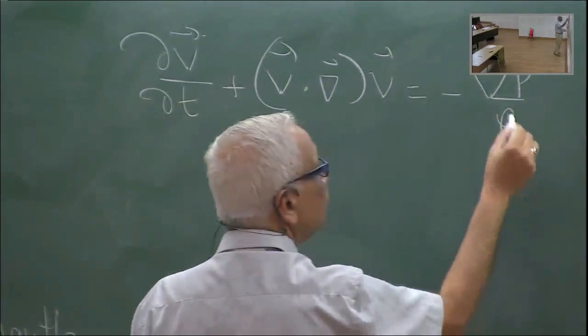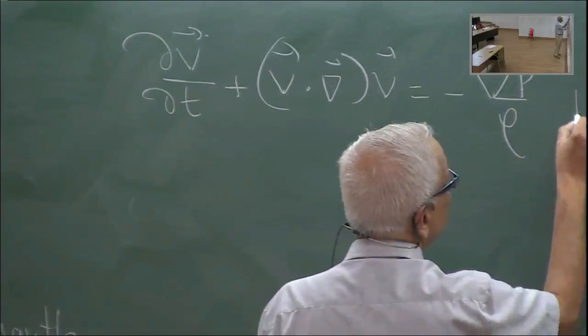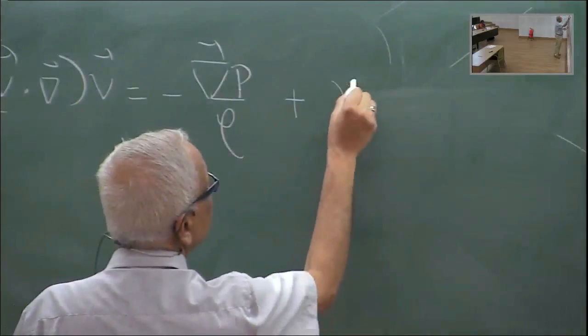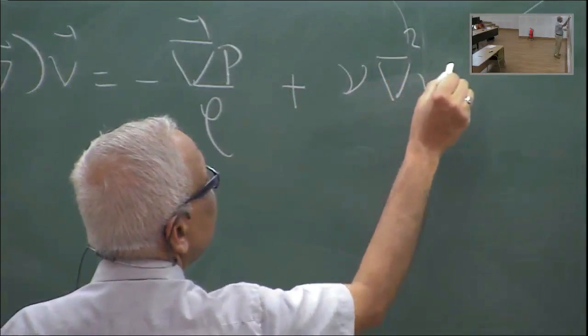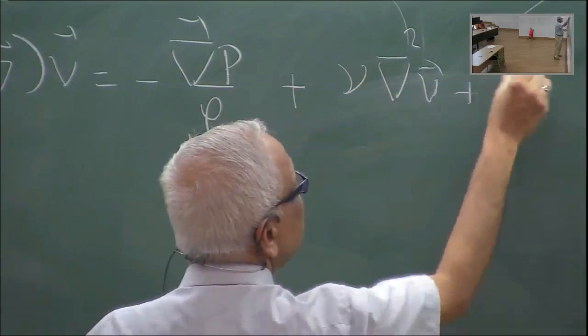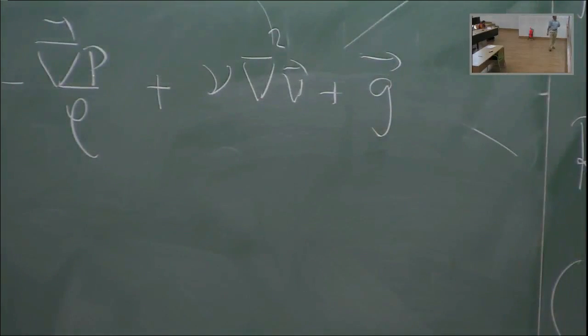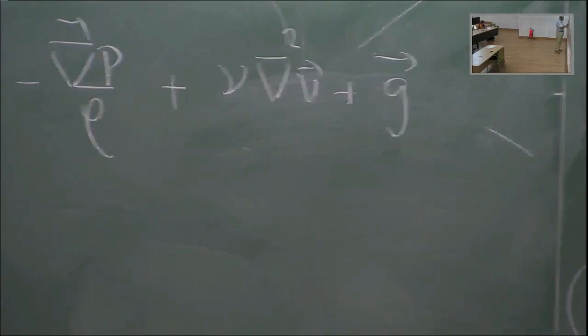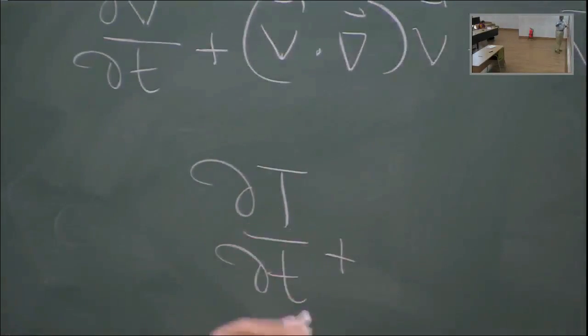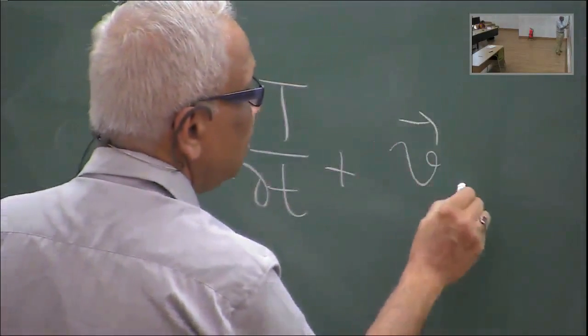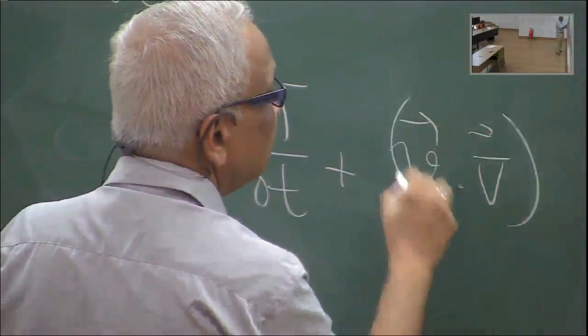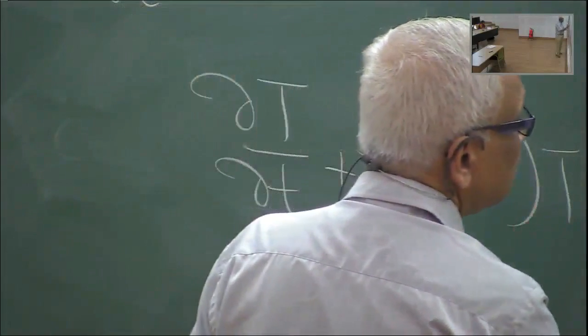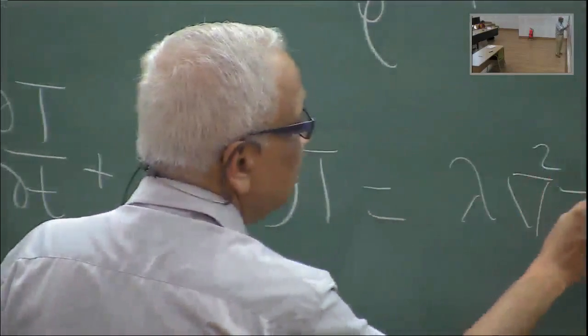Now I have to write this rho because density is what is changing. Plus nu del squared V plus gravity. So gravity comes in, and then there is the temperature diffusion: del T by del t plus V dot del acting on T equals lambda del squared T. So this is the temperature diffusion.